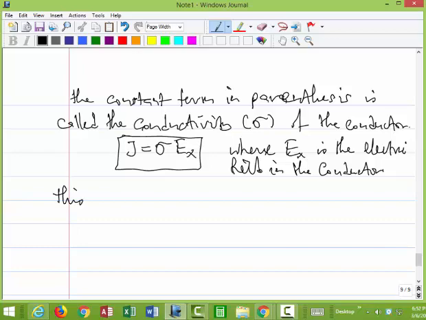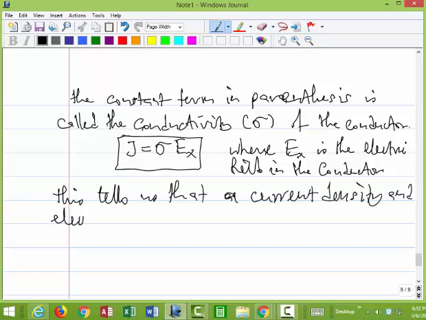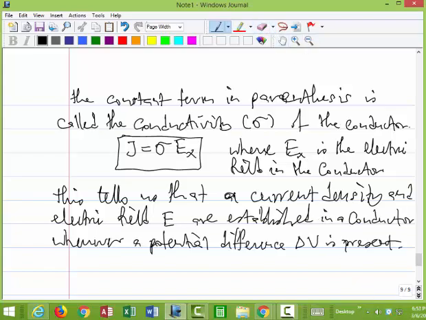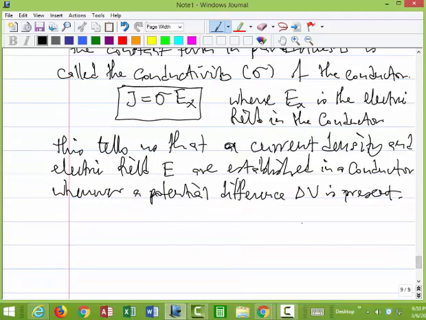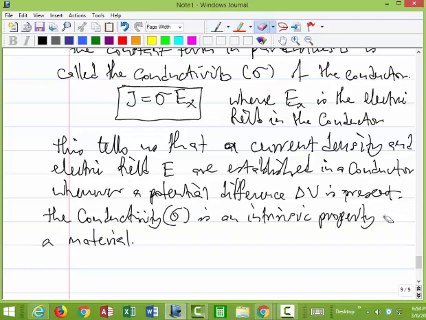This tells us that the current density and the electric field are established in a conductor whenever a potential difference is present. So the current density is proportional to the electric field, where the constant is the conductivity of the material. Conductivity, sigma, is intrinsic to the material, so it doesn't depend upon the presence of an electric field or current density.